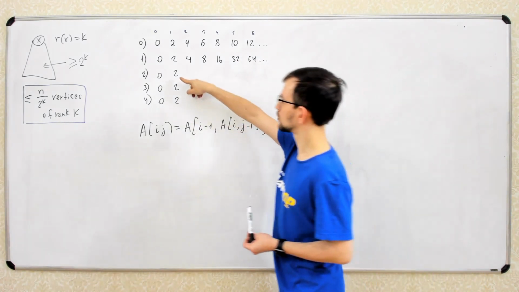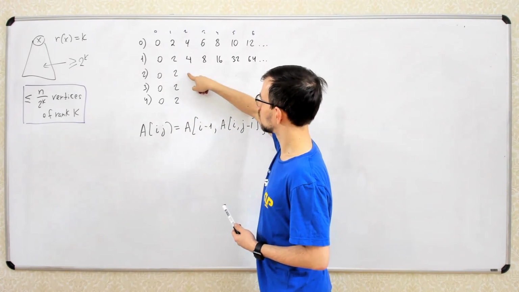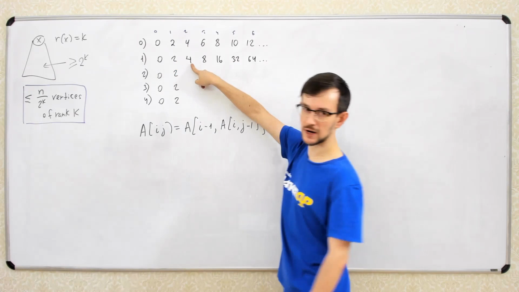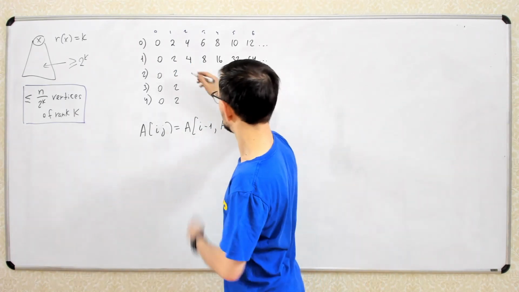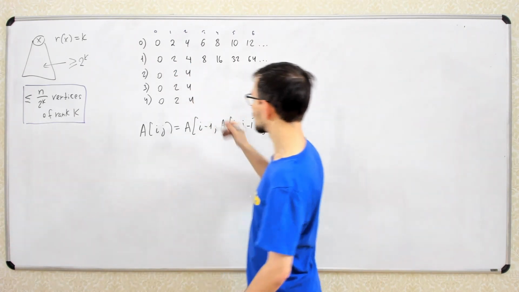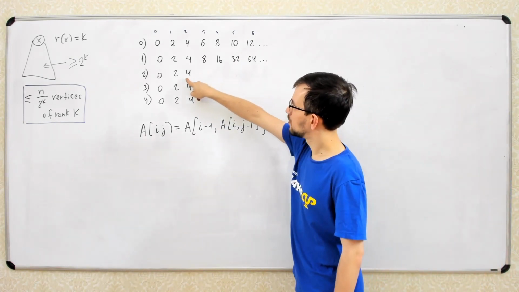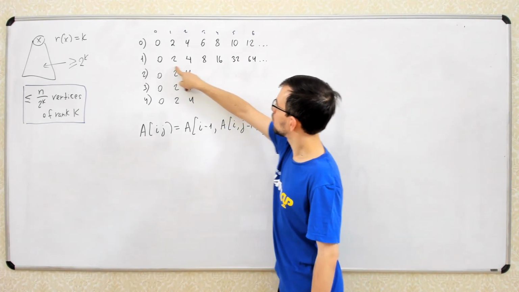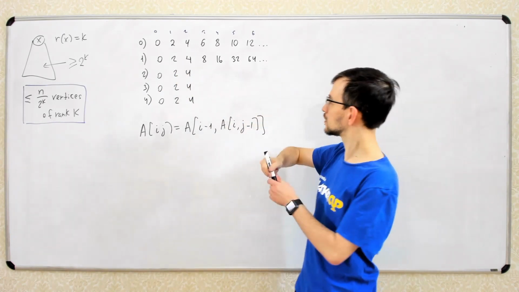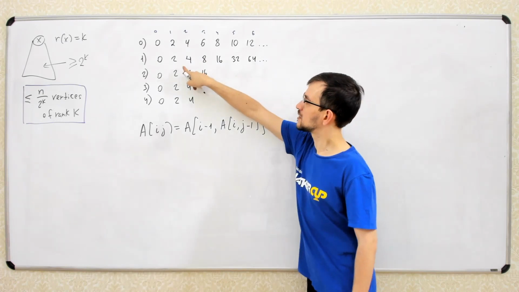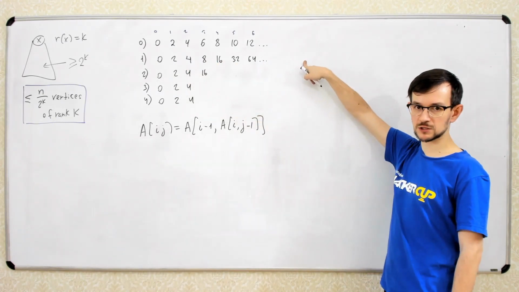What happens in the next sequence? Here we take this number 2, go to the previous sequence, take the element of index 2, it will be 4. Actually, all elements here will be 4. Now here we take number 4, take the fourth element in the sequence, it will be 16. Now we need to take the 16th number in this sequence.